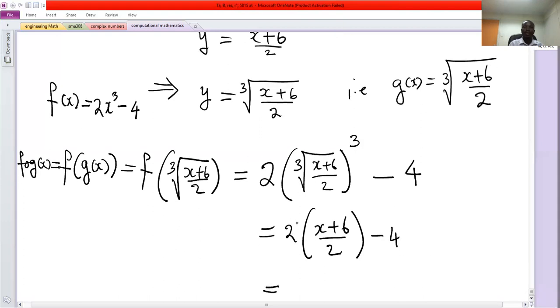The 2 by 2 cancels out, so we have x plus 6 minus 4, which is x plus 2. And that is what f composed with g was given. So this is the correct answer.